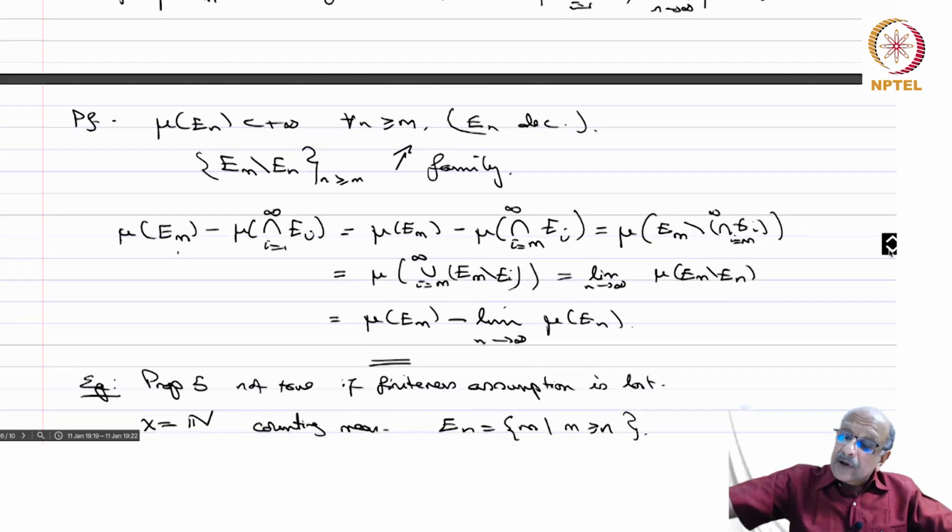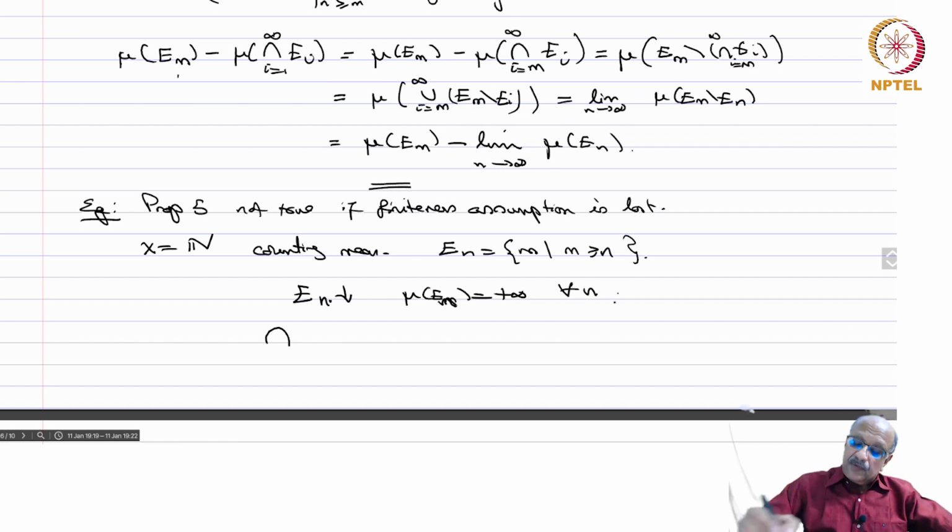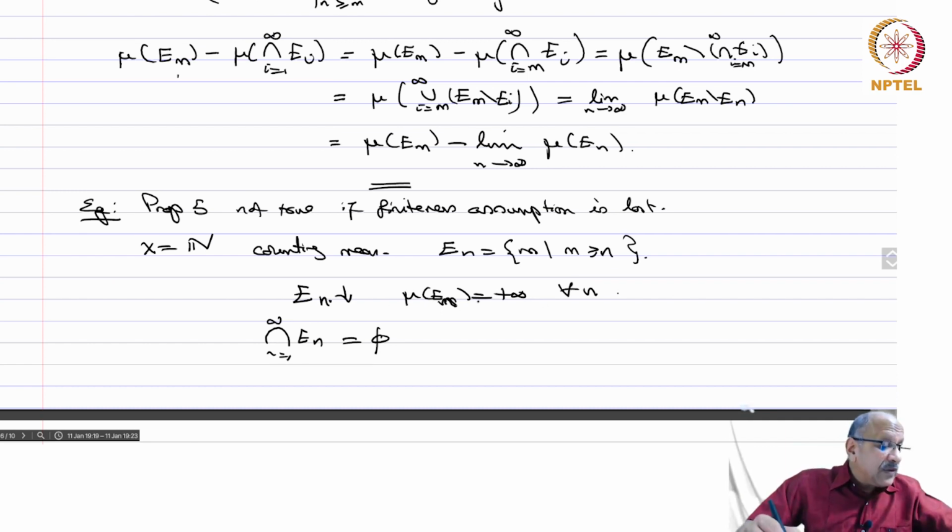So then the E_n are decreasing, and mu of E_n is plus infinity for all n because it's an infinite set every time. And you have that the intersection of E_n, n equals 1 to infinity, is empty. So the measure of the intersection is 0, but the limit of this is still always infinity. So the result is not true here.